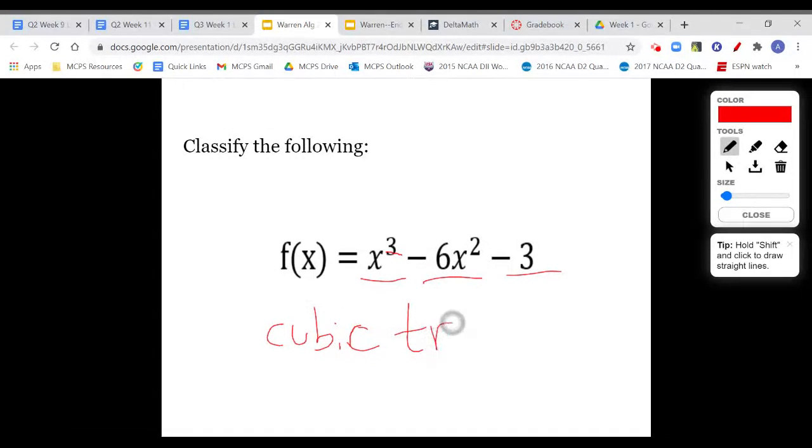So this is actually a cubic trinomial. Right? And that is how you would list it. We list the classification based on degree and then number of terms, because the degree is more important.